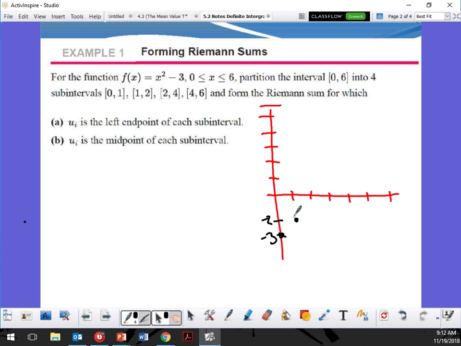And at 2, +1. And at 3, yeah, and at 4, 13. Okay, so I'm going to pretend like I actually did a lot of this.